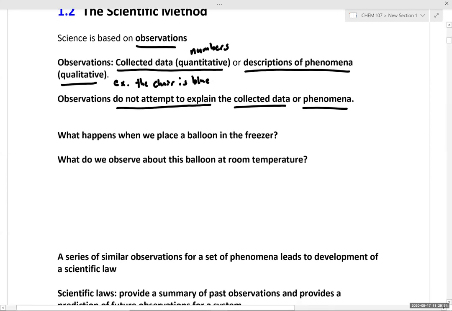So in the classic experiment that we've often done in elementary or middle school, we have a balloon. So we have a balloon at room temperature.